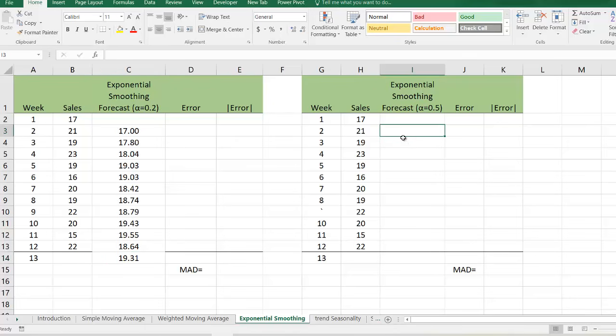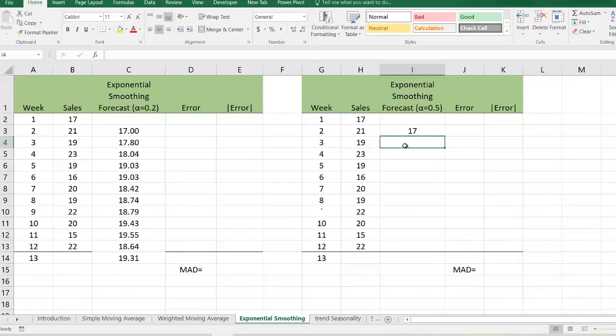For alpha equal to 0.5, we do the same calculation. For week 2, the last period's actual data is the forecast for this period.